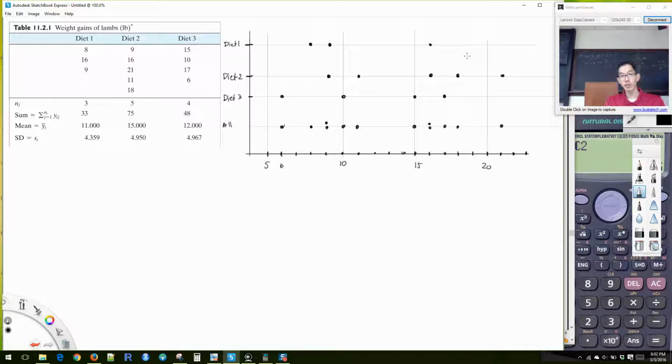And then the question is, are the mean weight gains for diets 1, 2, and 3 all the same, or is at least one significantly different from the others? That's our question. Looking at it, does it seem like there's a significant difference in the average weight gains between diets 1, 2, and 3?